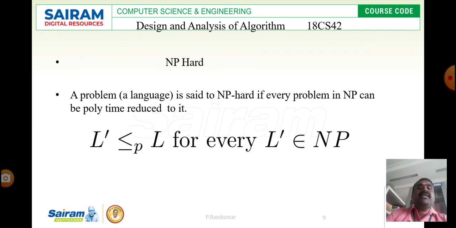NP hard means a problem is said to be NP hard if every problem in NP can be polynomial time reduced to it. That is L dash, a language chosen from NP, so L dash is less than or equal to L in polynomial time, where for every L dash belongs to NP.